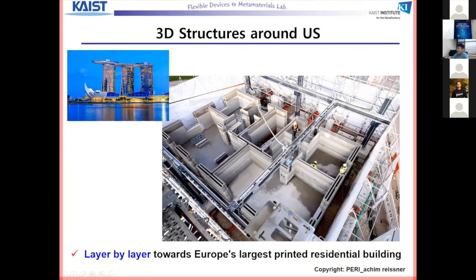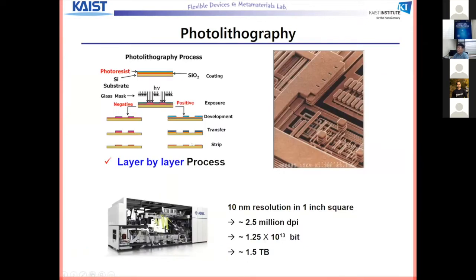This can be very fast, right? This example is not only applicable to those buildings. At this small size scale, when you take a look at this microprocessor chip, this is definitely a very complex three-dimensional structure. But the bread and butter of this technique is photolithography.